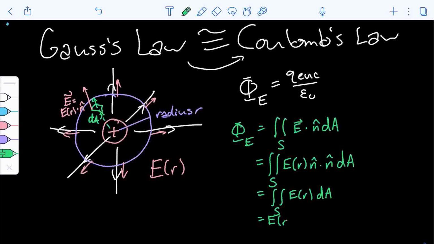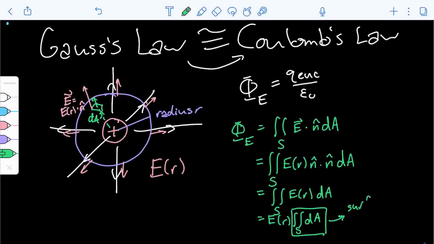So we get E of r times the integral over S of dA. Now what is the surface integral of dA? Well, what this is saying is across the entire surface, we take the area of every single little piece of the surface and then add it all together. And if we do that, what we end up getting is the entire surface area. So this quantity is just the surface area.